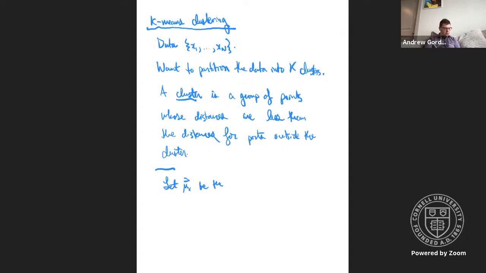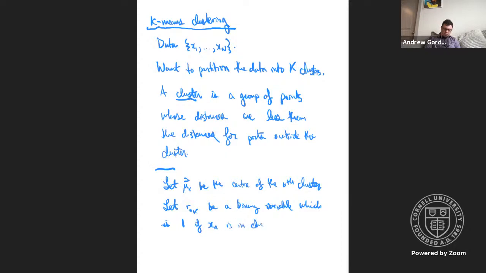Let mu little k be the center of the kth cluster, and let r n k be a binary variable which is 1 if xn is in cluster k and 0 otherwise.